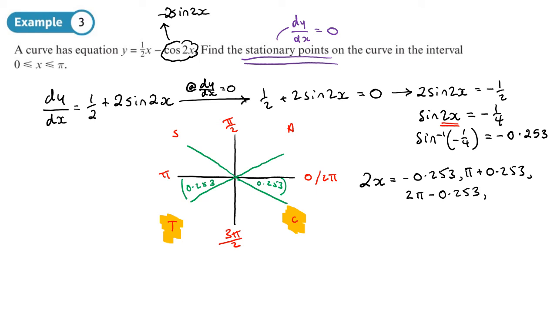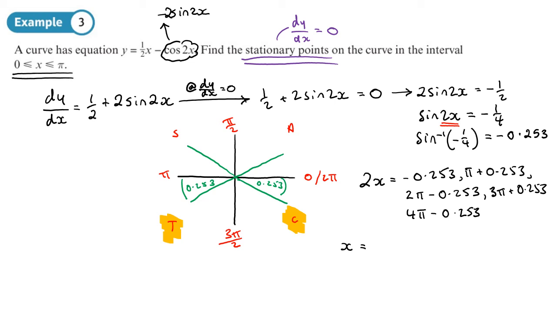We also have 3 pi plus 0.253, and we also have 4 pi minus 0.253.